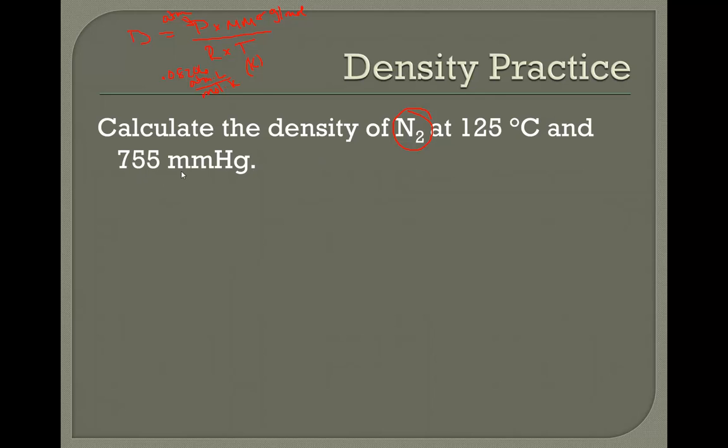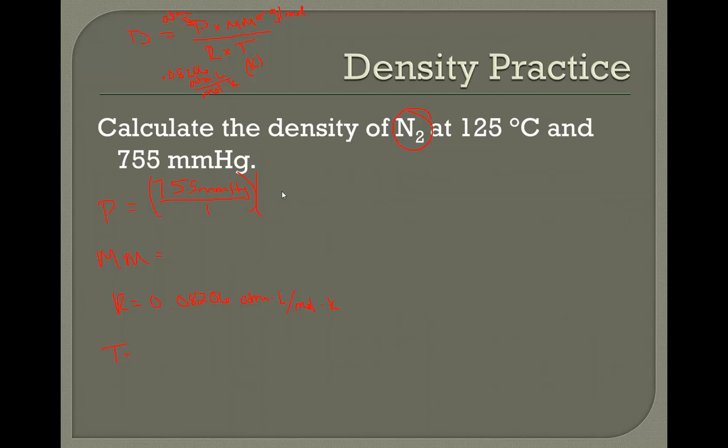So we need pressure, the molar mass, R, which is 0.08206, and temperature. So pressure is 755 millimeters of mercury. However, if we look at our constant, we see that we need it in atms.